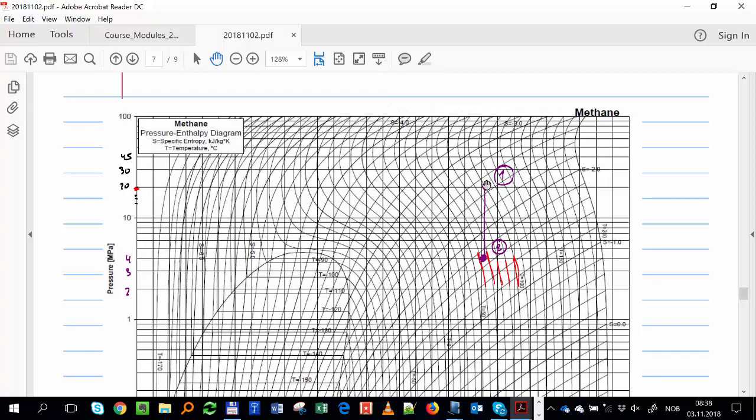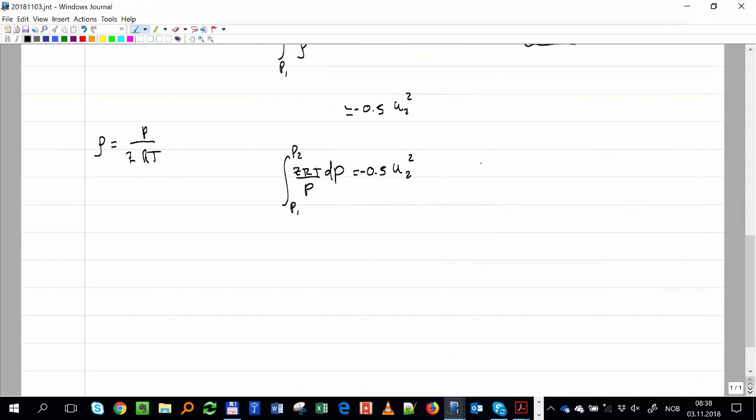So the way I try to model this process, the expansion process in the choke, is to model the thermodynamic process as adiabatic.